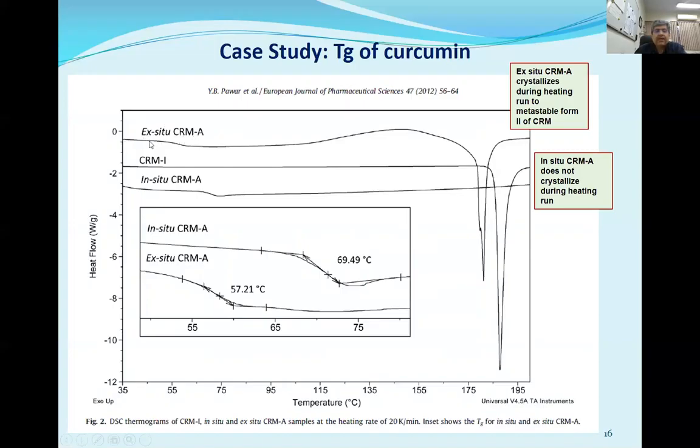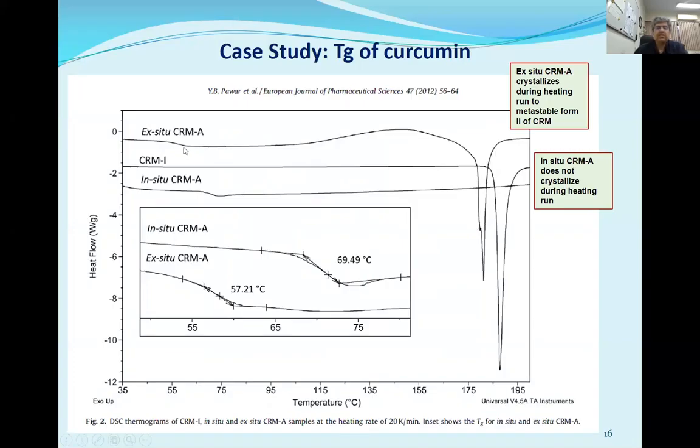And if you heat that sample, you again see this small subtle event, which is indicative of the glass transition temperature. And subsequently, you see this exothermic event. So this was an endothermic event, and this is an exothermic event, which is followed by the melting event.